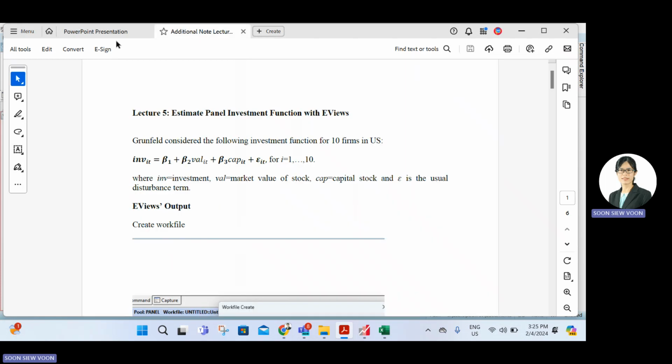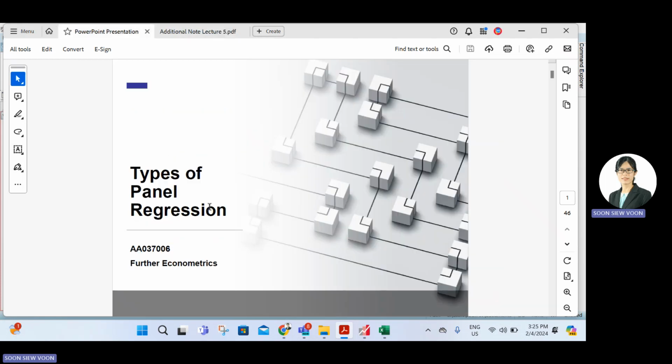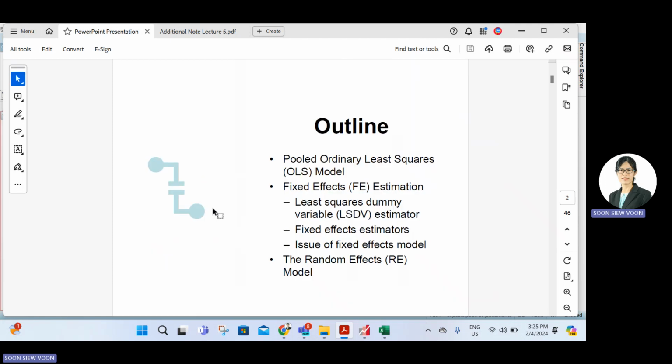What is in the additional lecture notes, right? So the types of panel regression. In this topic, we are going to introduce you to 3 different types. One is the pooled OLS, what we call the pooled ordinary least squares model.